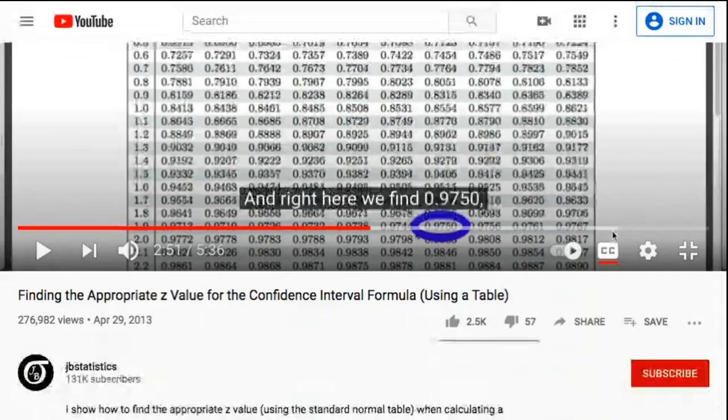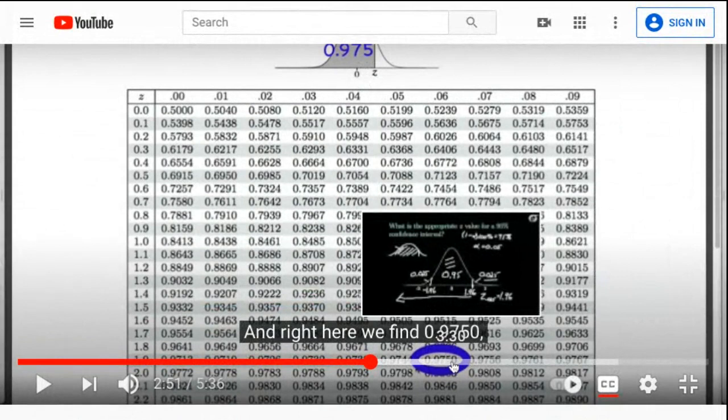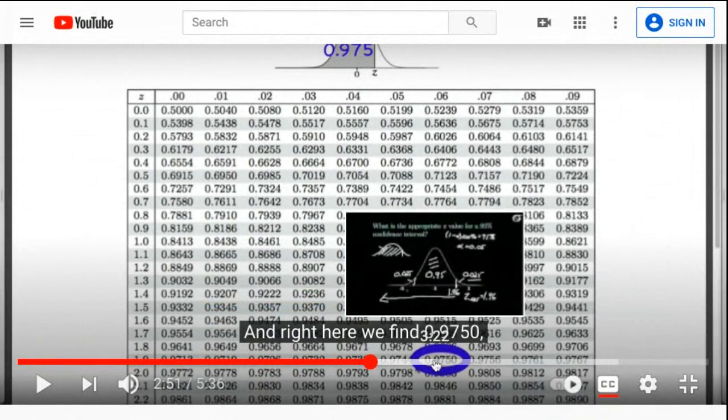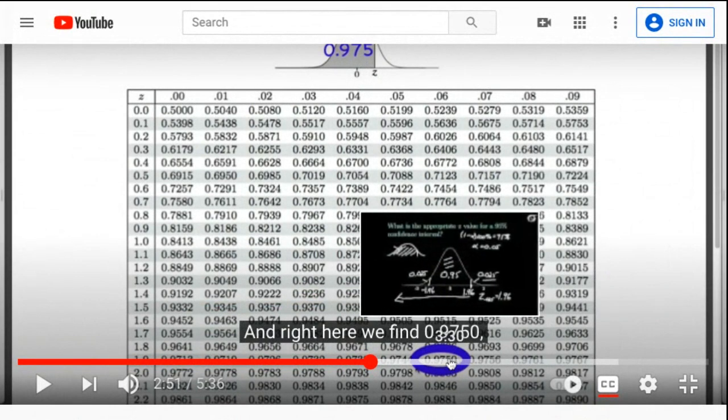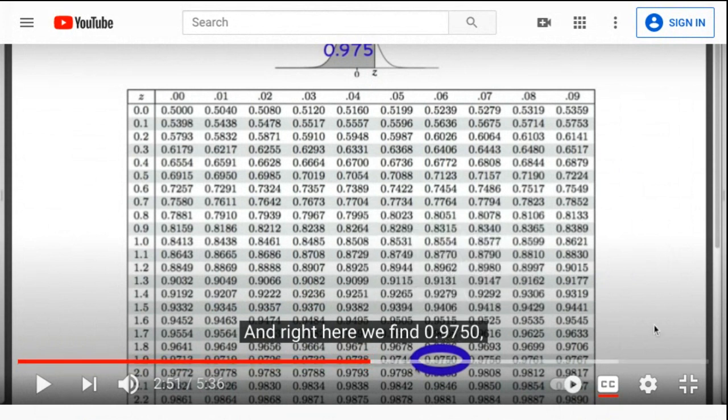Okay, so when you're looking at your table, this is where you're looking for 0.975, and that's why you're looking only on one side of the curve, because you're looking at what's greater than 0 in the curve, because on the other side is the small area. Remember it adds up to 1, it would be 0.025.